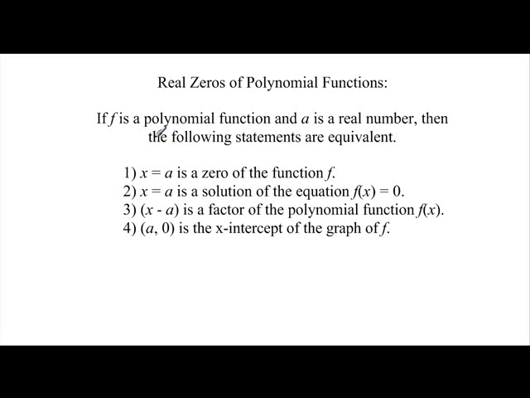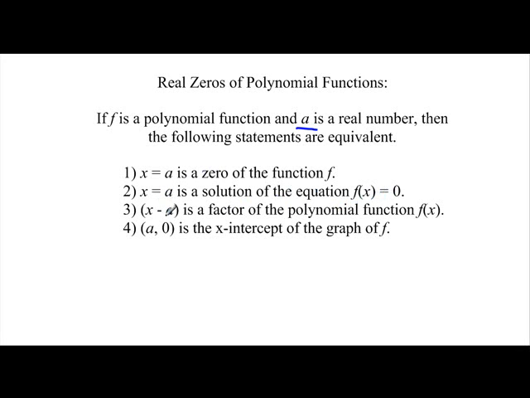So some fundamental things that you need to relate together for zeros of a polynomial function. If f is a polynomial function and a is a real number, then the following statements are equivalent. If we know that x equals a is a zero of the function, that means that x equals a is the solution of the equation f of x equals 0, because that's how we find the zeros, right? We have to set y equal to 0 and solve for x.